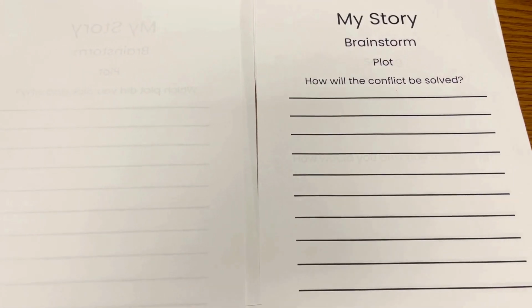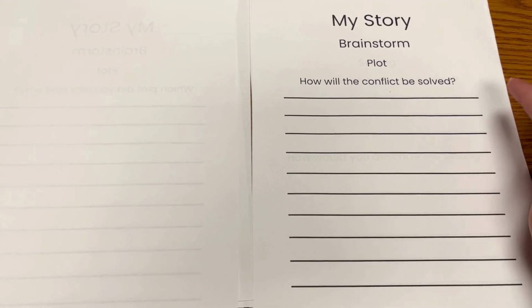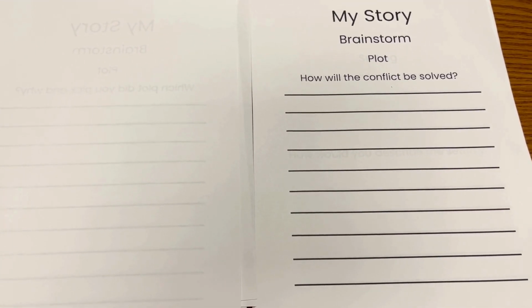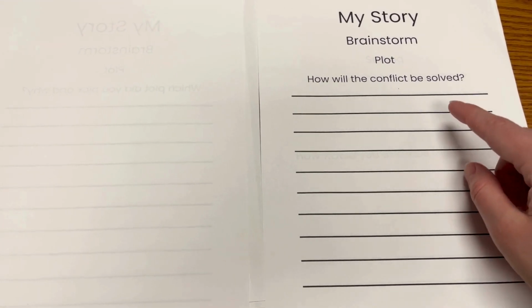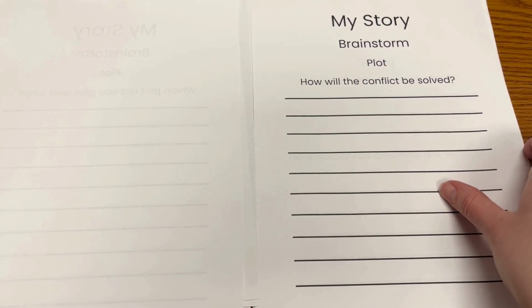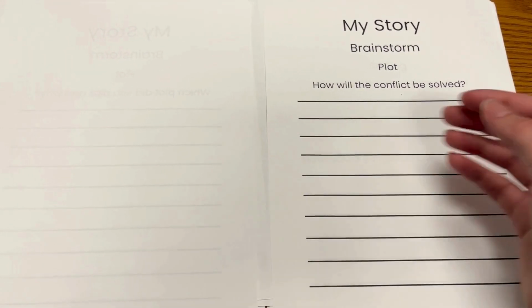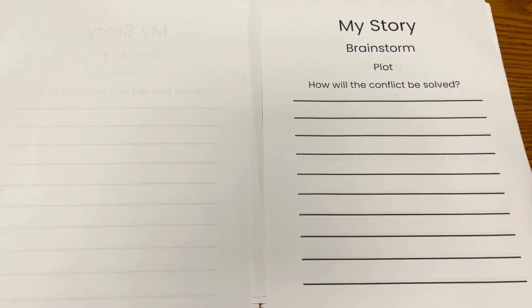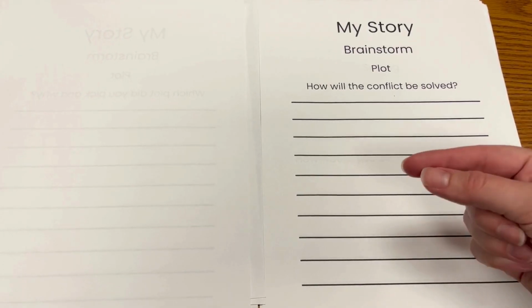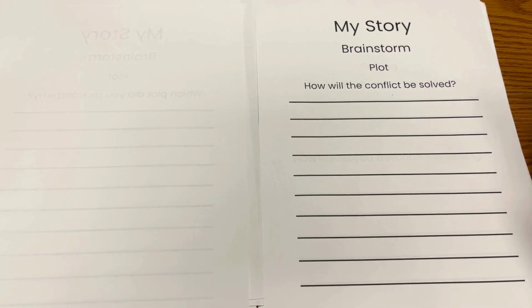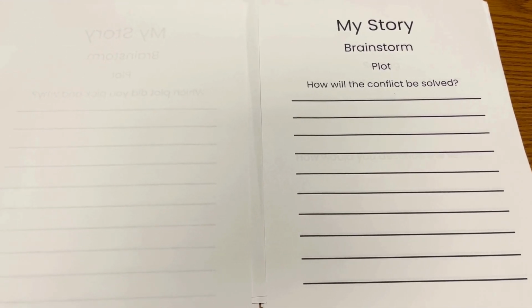And then obviously we need a resolution to the story. So how will the conflict be solved? It could be anything. They found the recipe for the muffins and then they made that, or maybe the two friends were in a fight and then they talked through it and that was how it was solved. Maybe something was missing. It's good to have a plot, especially when kids write stories where there is a mystery to it, or solving an actual problem that they could understand, like, my friend stole my toy and it was missing.